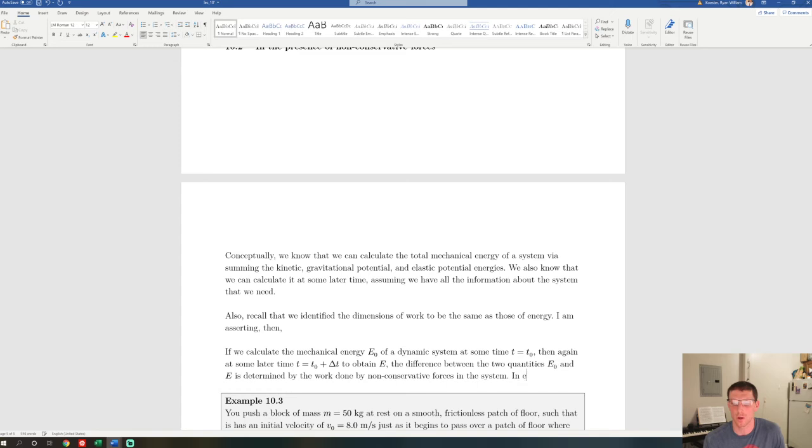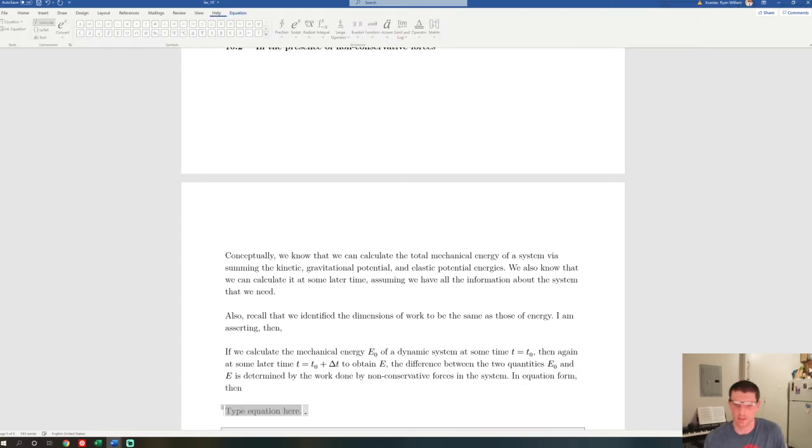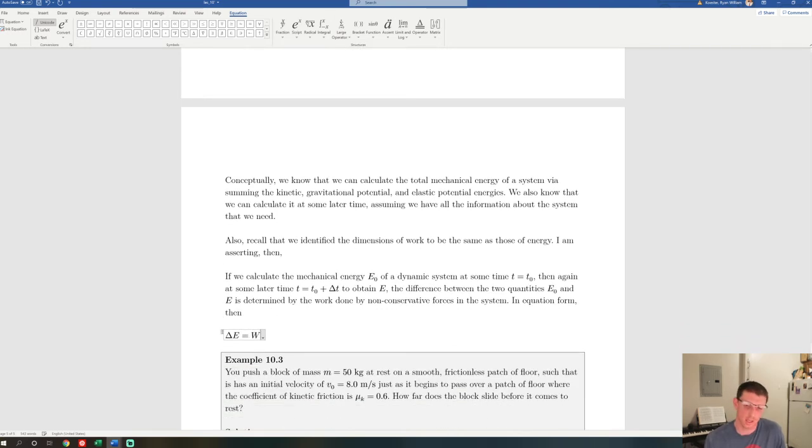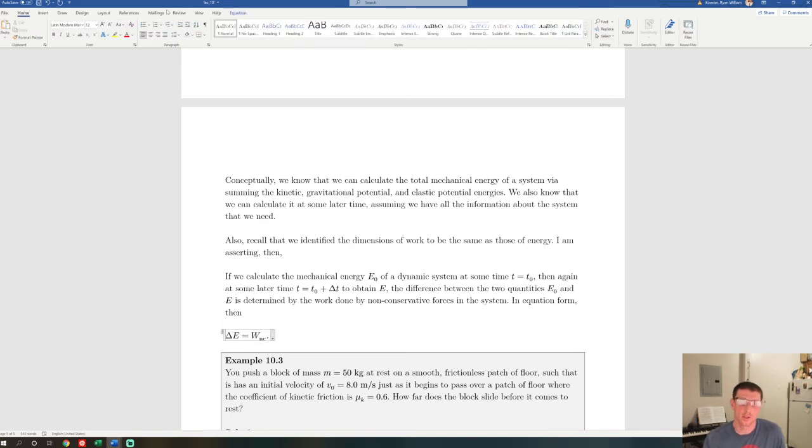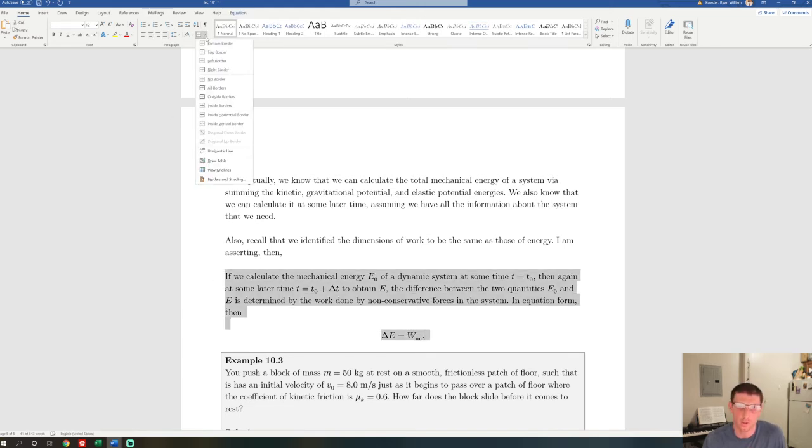So in equation form, we can write this. That delta E, right, is simply the work done by the non-conservative forces. And I want to center this, and then I want to put a box around all of this because this is pretty important.